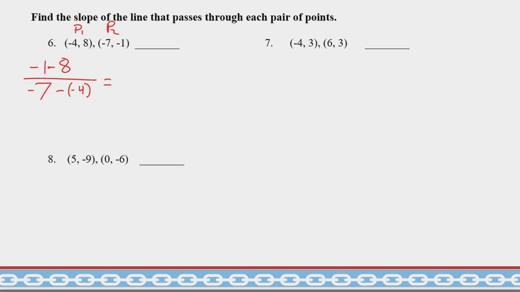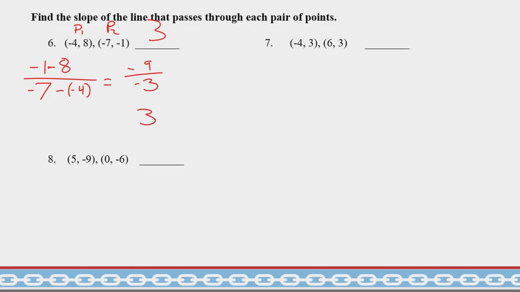Right, so -1 minus 8 is -9. -7 minus a -4 is -3. And -9 divided by -3 is 3.